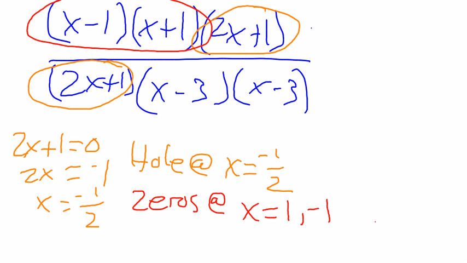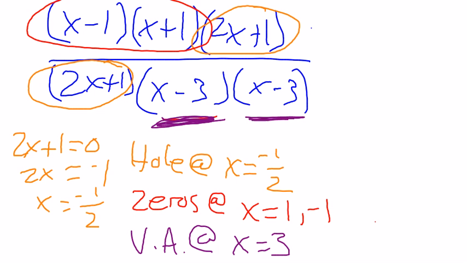So we look at when our denominator is 0. I'm mixing them up for some reason. But we can see that we're going to have a vertical asymptote, I'll write that VA, at x equals 3. That term is repeated, which we could write as x minus 3 squared. And we see that we have a hole at x equals negative 1/2, zeros at x equals 1 and x equals negative 1, and a vertical asymptote at x equals 3.